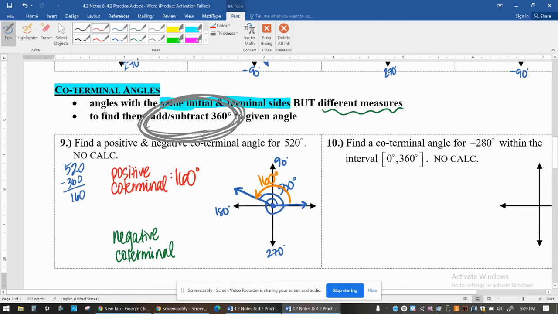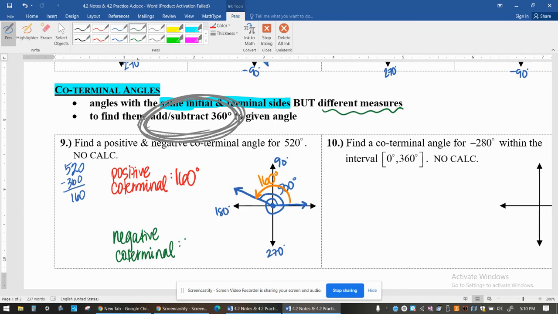No, I could have also added 360 to 520, and that would have ended up in the same spot. Just as a warning, there are infinite answers for number 9, because I could just add 360 over and over to 520 and give another angle that has the same terminal side.